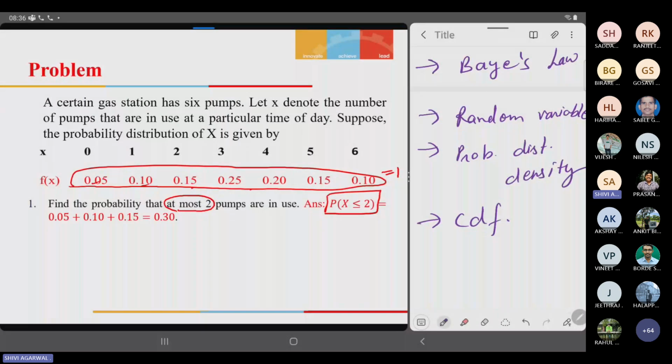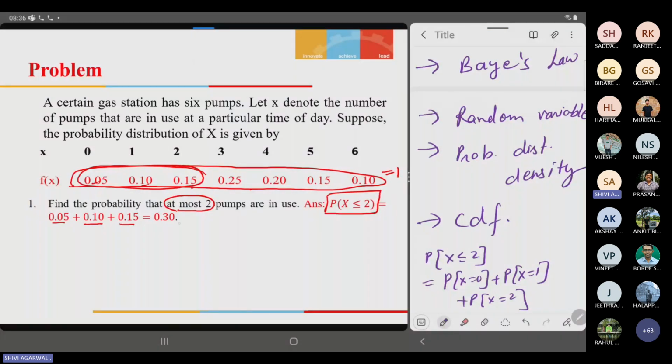So P(X ≤ 2) means P(X=0) plus P(X=1) plus P(X=2). We just add these 3 points: 0.05 plus 0.10 plus 0.15, and the answer is 0.30.